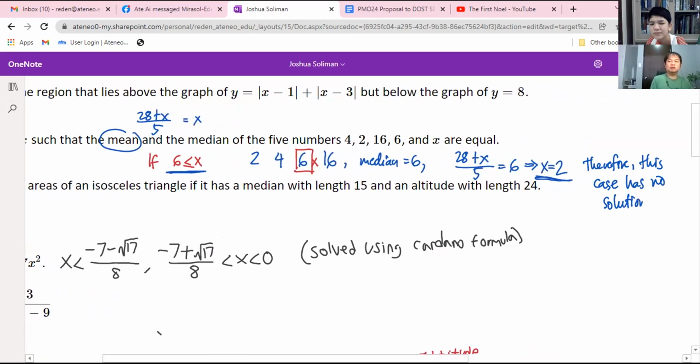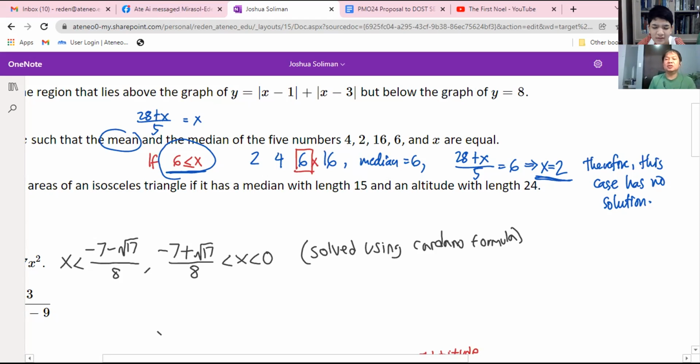So the case here that we considered is this. Suppose x is greater than or equal to 6. Parang nag-assume ka, okay, suppose x is greater than or equal to 6, and then in the end, it led you to an impossible situation.